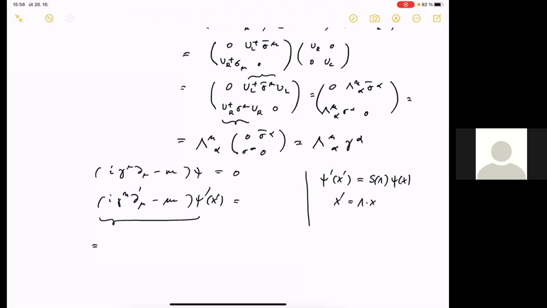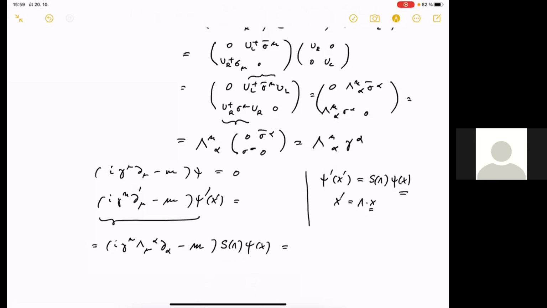This derivative, we know that it transforms like lambda mu alpha d alpha, where d alpha is directly related to this x, minus m. And this psi prime x prime, according to our transformation property, is just S lambda times psi x.